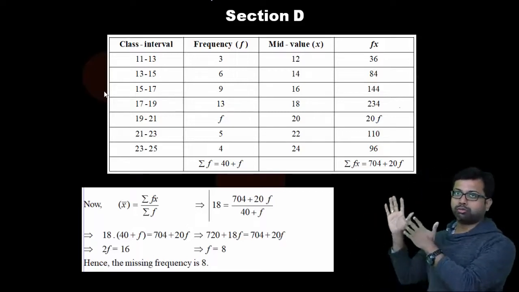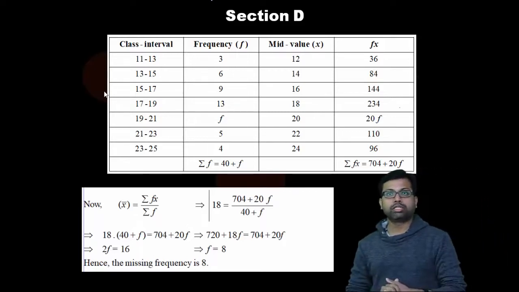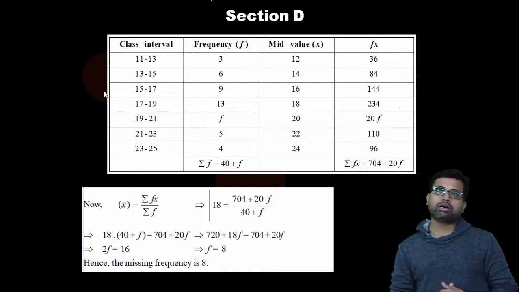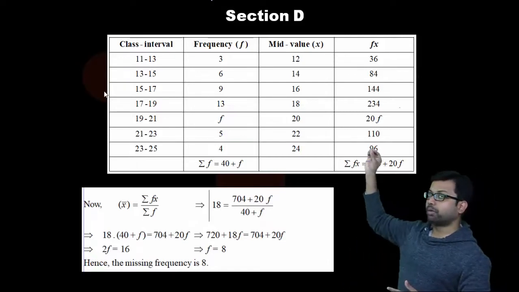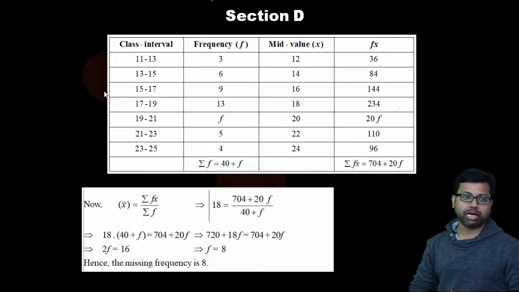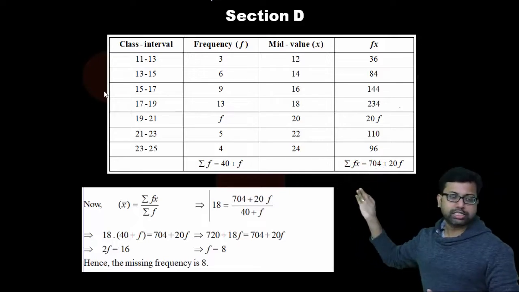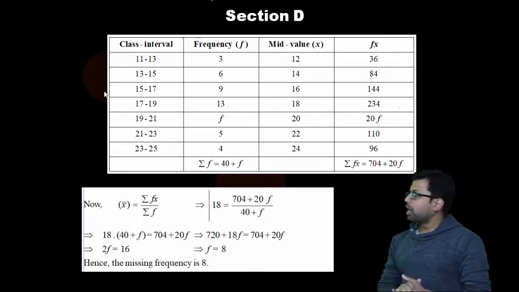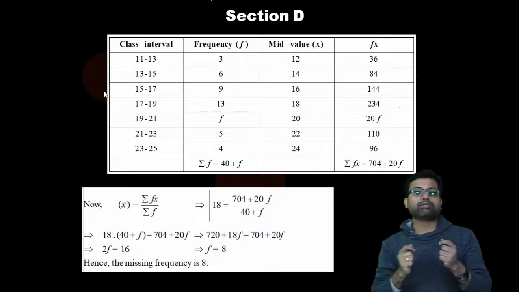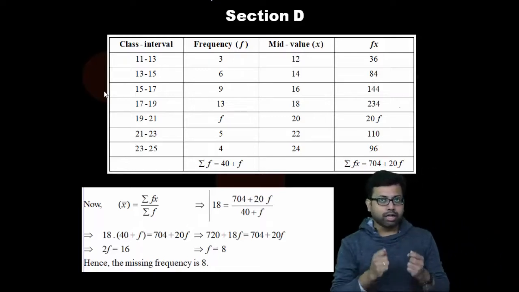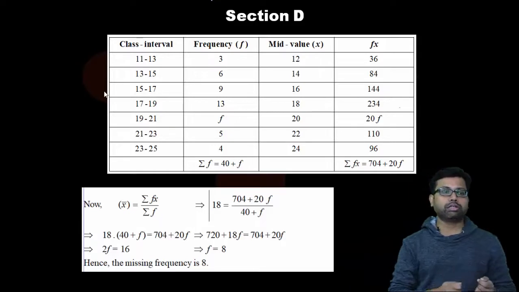So we need to make an additional column in the given data, which will give you the mid value for each of the class intervals. So you have 12, 14, 16, 18 and others. Now this becomes the value of x. You have the frequencies given in the second column.